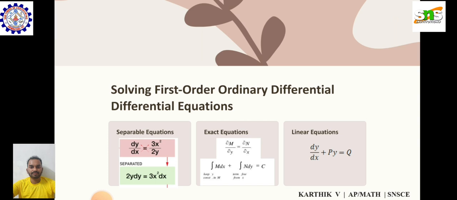The equation typically takes the form M(x, y) dx + N(x, y) dy = 0, where M and N are functions of both x and y, that is, dou M/dou y = dou N/dou x. The solution is integral M dx + integral N dy = some constant c. Linear equations: dy/dx + Py = Q, where P is constant, and Q is constant or a function of x.